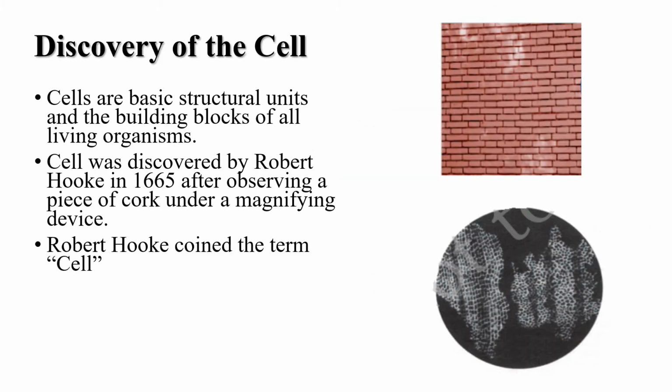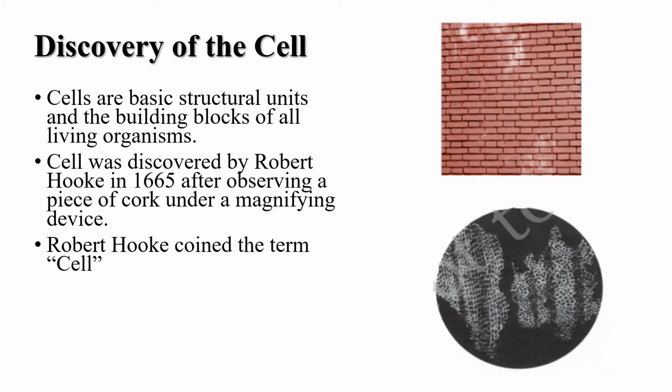Now let us know about the discovery of the cell. Students, did you know that the cell was discovered by Robert Hooke in the year 1665? Robert Hooke was examining a dried section of cork tree with a crude light microscope, and he observed small chambers, one on top of the other.